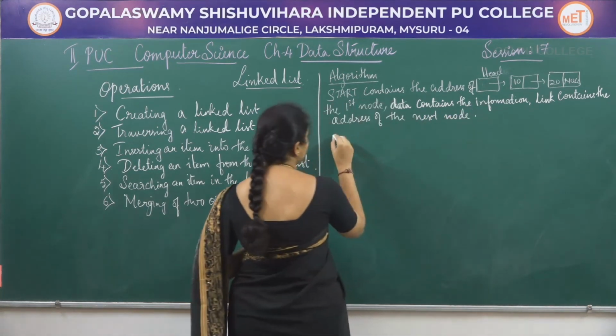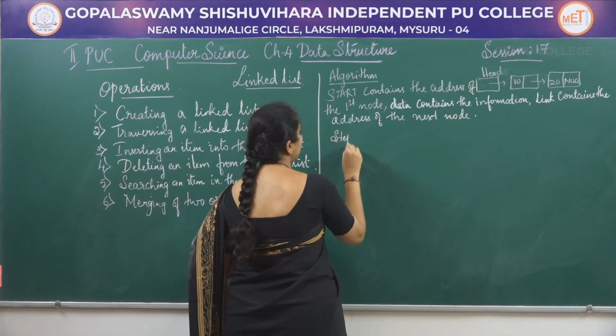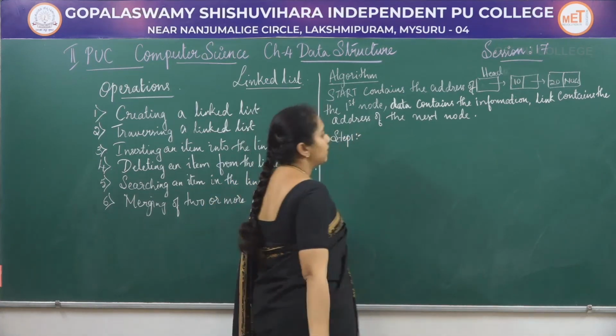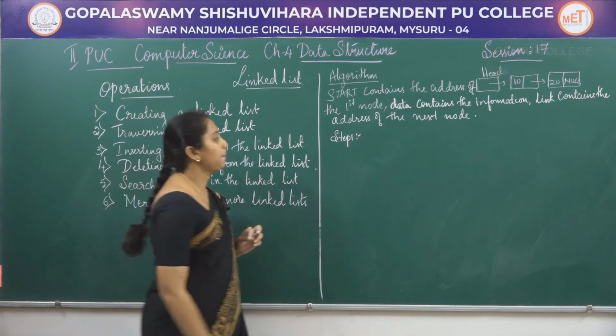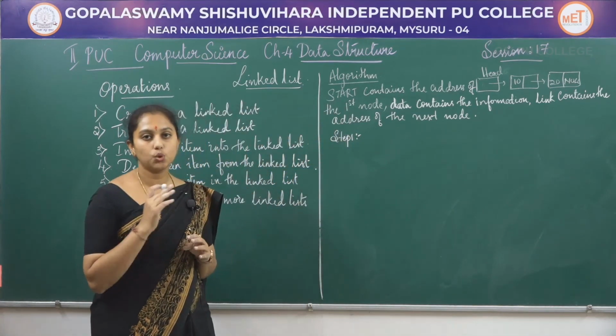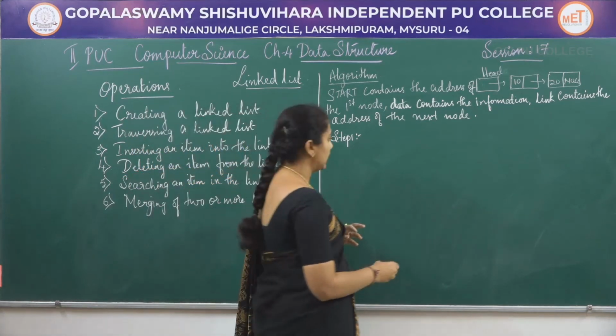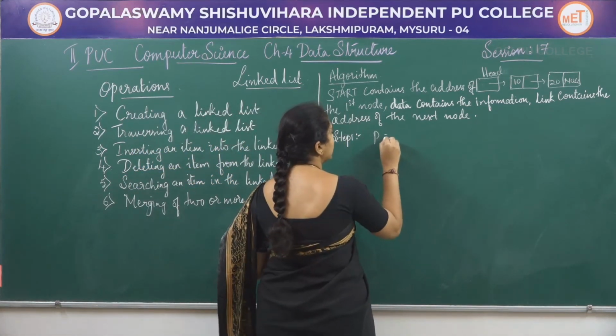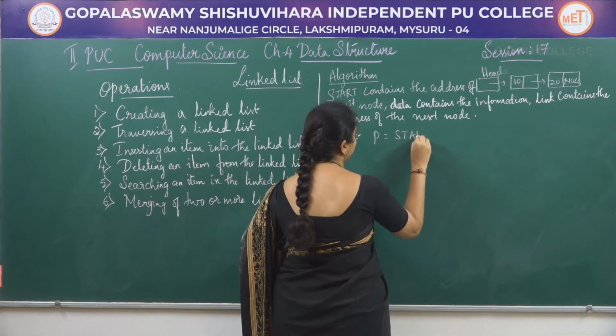So what is the first step? To begin with, we have to move to the first node. Here P is the temporary pointer to visit all the nodes in the linked list. So P is equal to start.